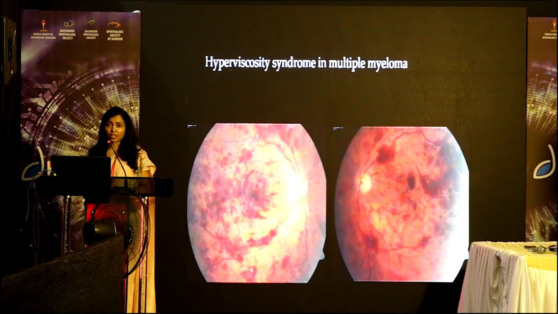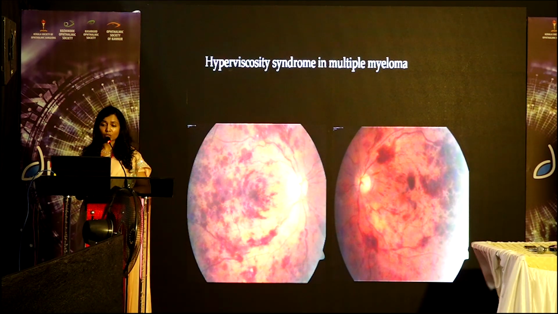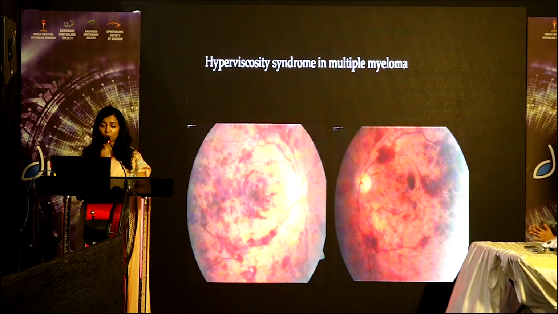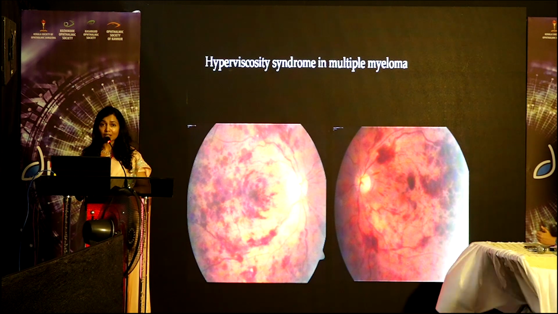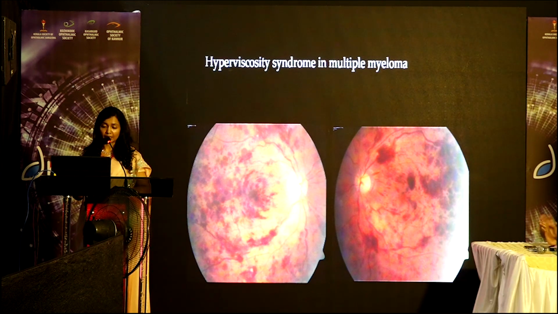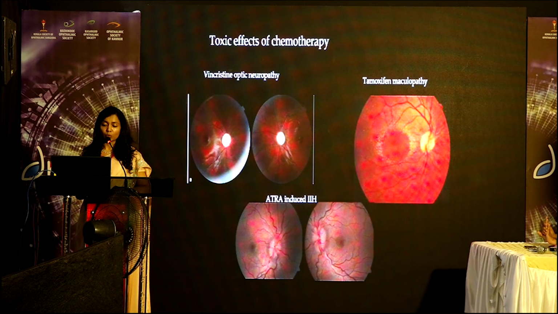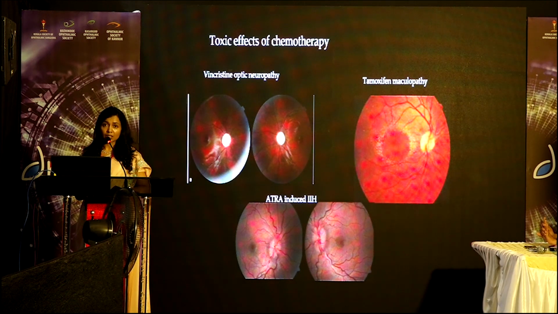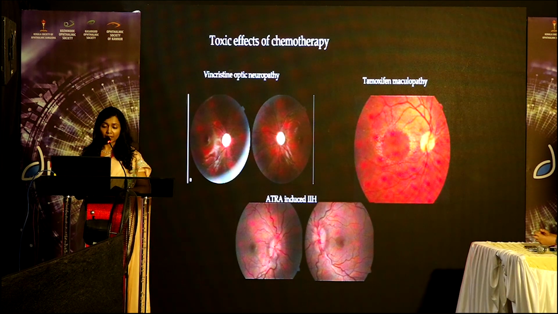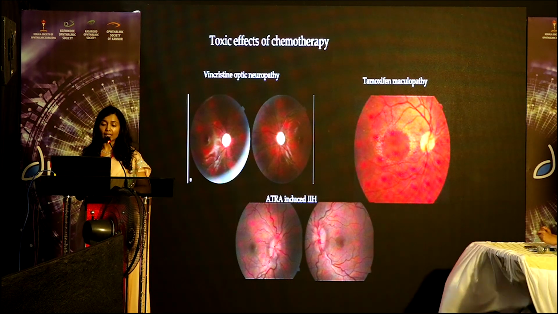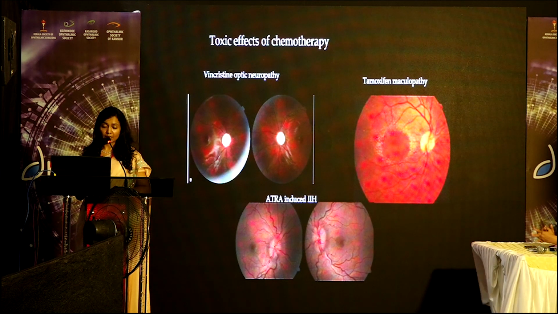Other manifestations due to malignancy are hyperviscosity syndromes, as can occur in multiple myeloma or in leukemias, presenting like a bilateral CRVO type of picture with macular edema. Then we should always bear in mind the toxic effects of chemotherapy, like vincristine optic neuropathy in patients being treated for ALL, or tamoxifen maculopathy in breast carcinoma.